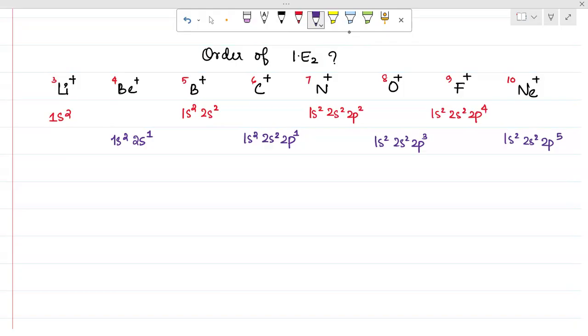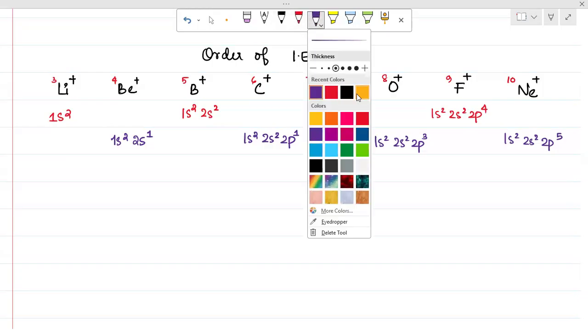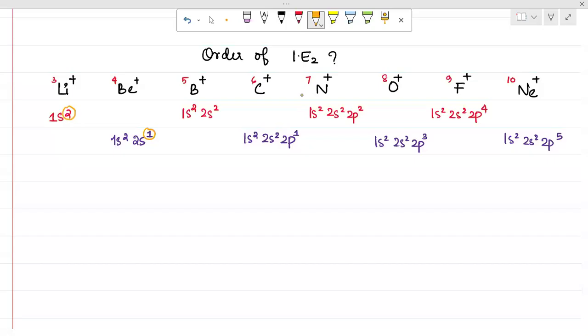Okay, so let's check them one by one. Lithium and beryllium. So this is 1s2 noble gas configuration. This is 2s1. So from the criteria, we know that noble gas configuration will be given higher priority.